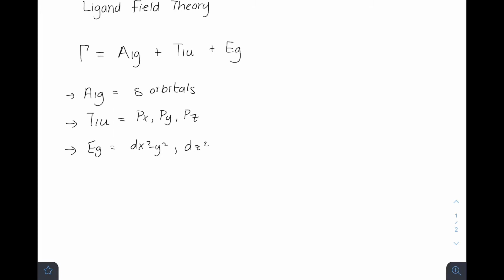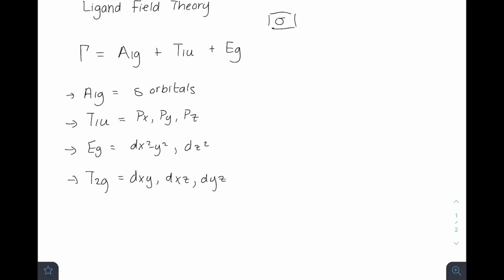You're probably wondering what happens to the other 3 orbitals. The other 3 d orbitals are actually part of T2G, right? So this is going to be our dxy, dxz, and dyz orbitals. Now, here's the thing. We're only looking at sigma bonding, and sigma bonding means that the orbitals are going to interact along the bonding axis.